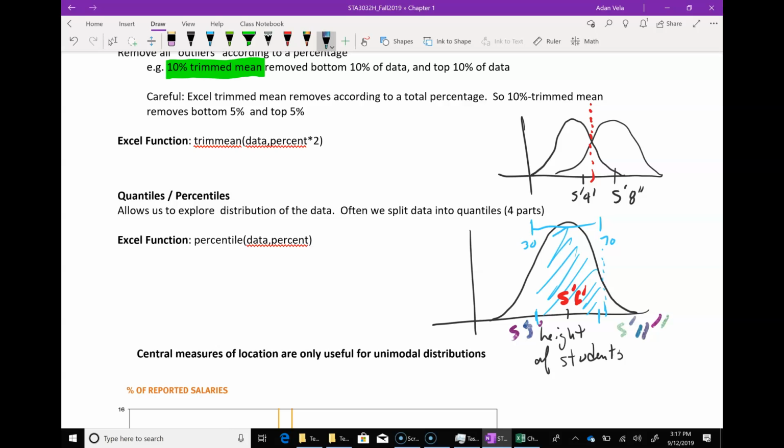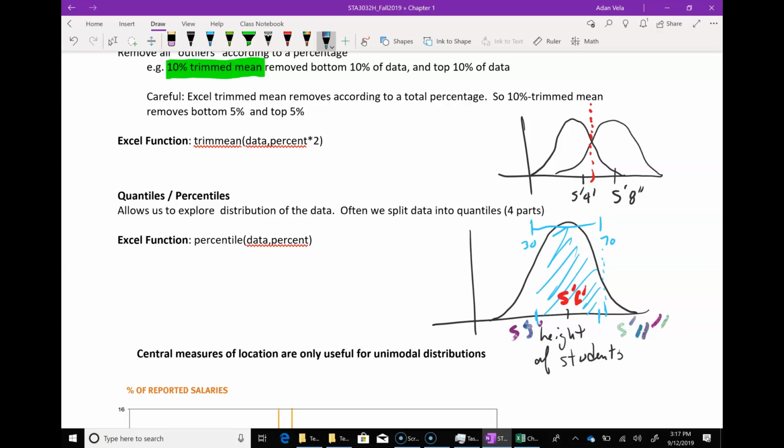And so this gives us some indication of the spread, and what fraction of our population lies between the 30th and 70th percentile. Now, why did I pick 30th and 70th? Because I felt like it, right?